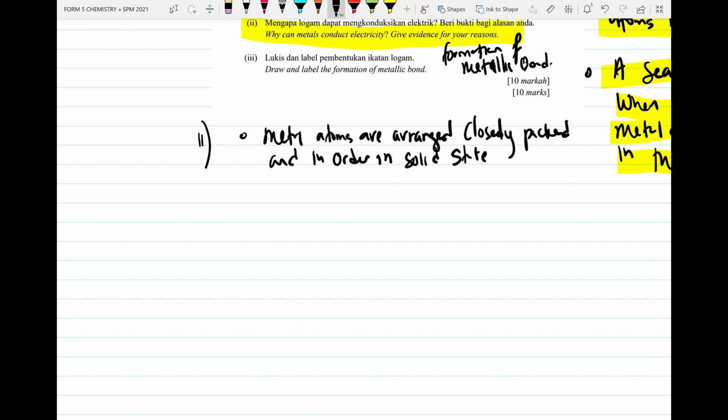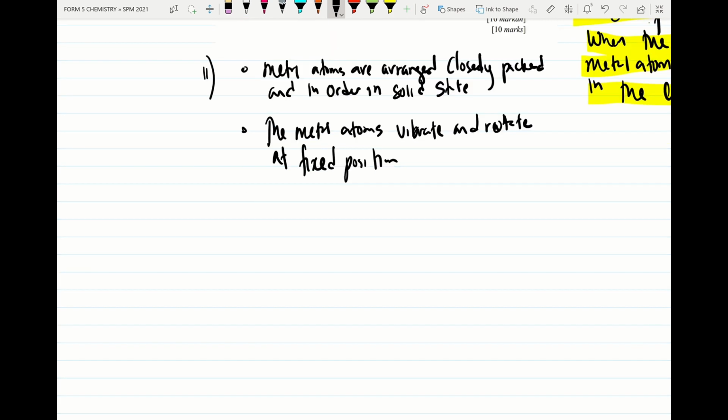I go for point number 2. The metal atoms vibrate and rotate at fixed positions. I go for the third point.